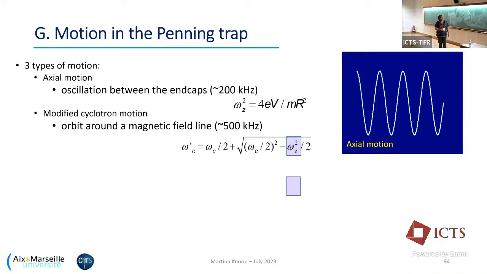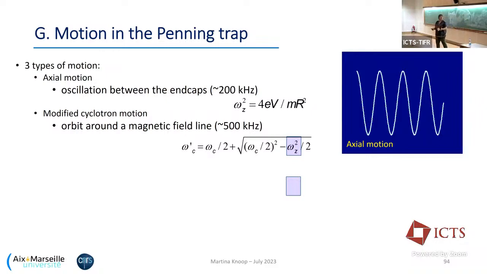Then the next thing I write down is the modified cyclotron motion. Why is that the modified cyclotron motion? Because you will find that omega z term also in that modified cyclotron motion, because of course the different types of motion in that trap are not decoupled, but there is a coupling of these frequencies in the trap, okay?